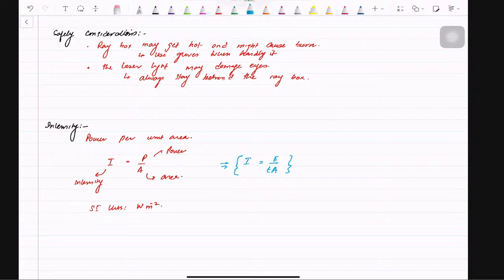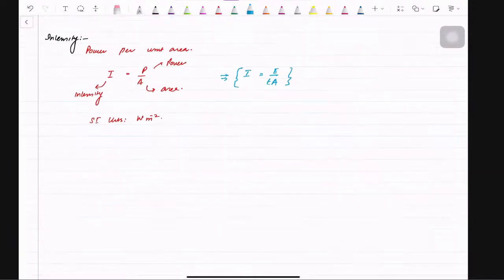Now, intensity has three different relationships, okay, that you must remember.